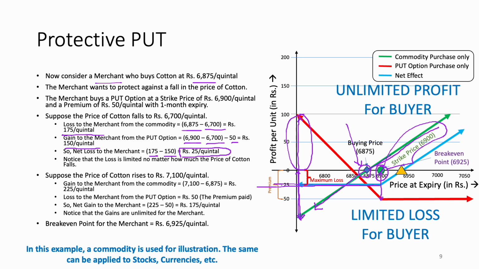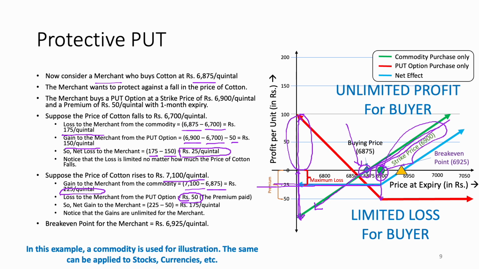But on the other side, if the price of the commodity rises, and let's say it goes to 7,100 rupees per quintal, in that case, the gain from the rise in price for the merchant is 7,100 minus 6,875, or 225 rupees per quintal. And the loss from the put option will be the premium he has paid, because since the price has risen above the strike price, the merchant will not exercise the put option. He will just pay the premium.